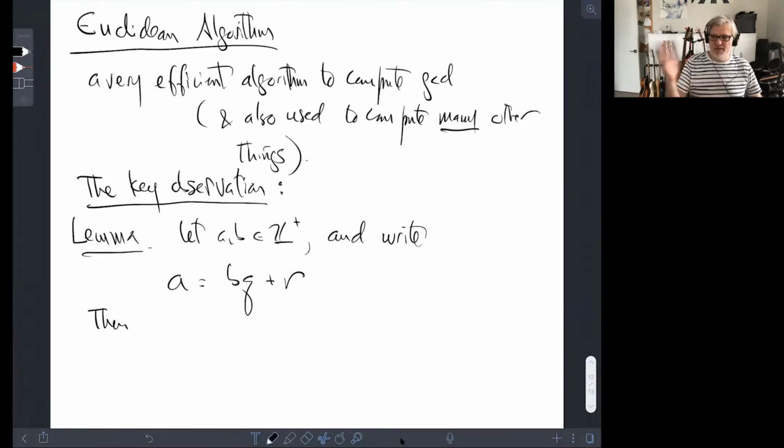I'm writing it this way because I am going to use the division algorithm, but I don't need the division algorithm here at all. I just need to write A as BQ plus R. Q and R are just integers, doesn't matter.